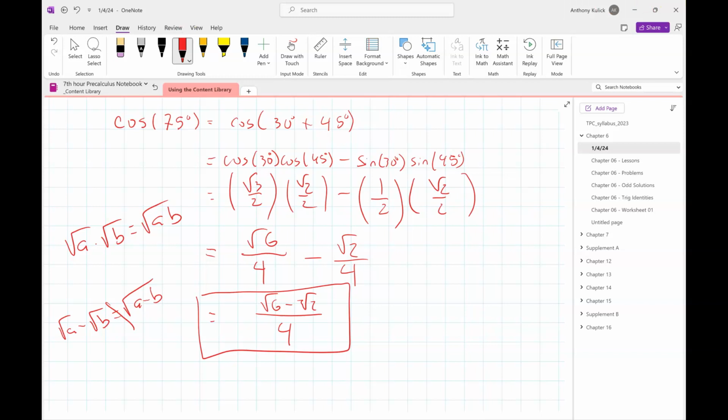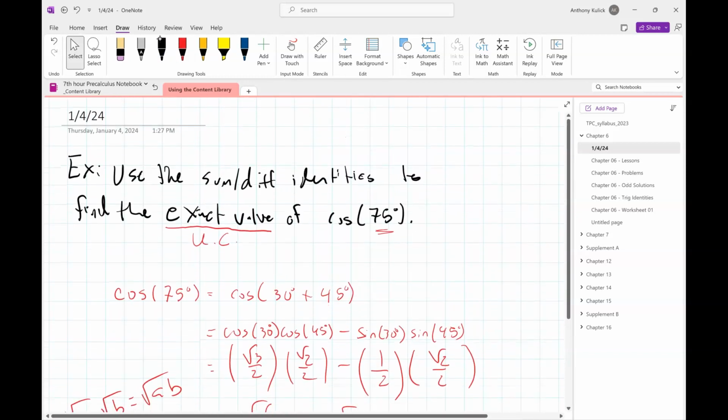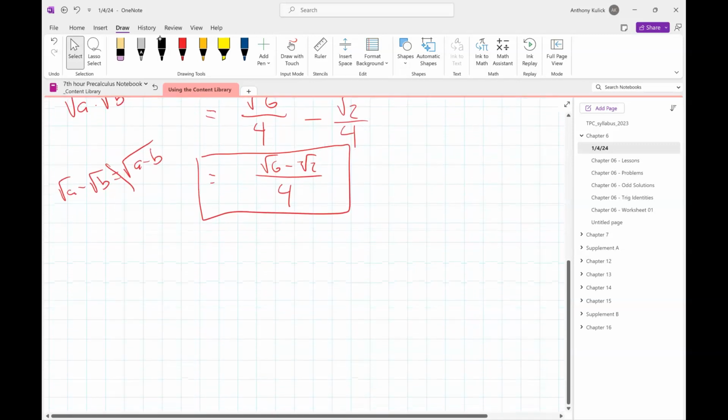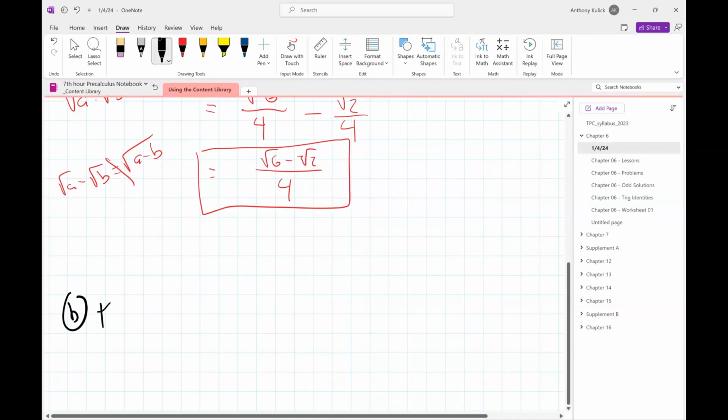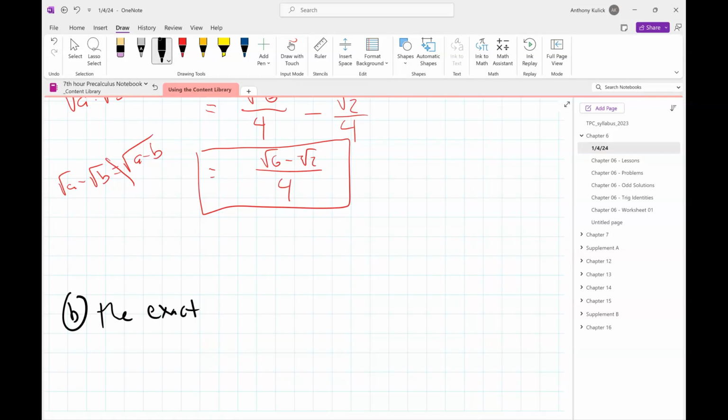Let's do another example. So again, using sum and difference identities, find the exact value of sine of 5 pi over 12.